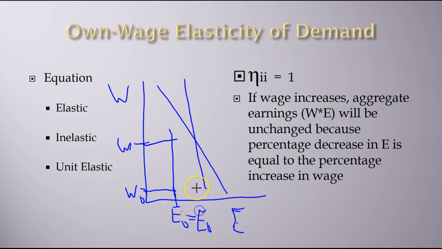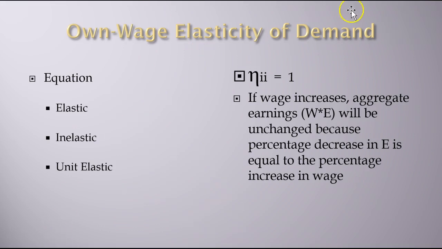So when that's the case, that's perfectly inelastic. And what letter does that look like? That's right, it looks like the letter I. So that's a nice little trick for you to remember that.